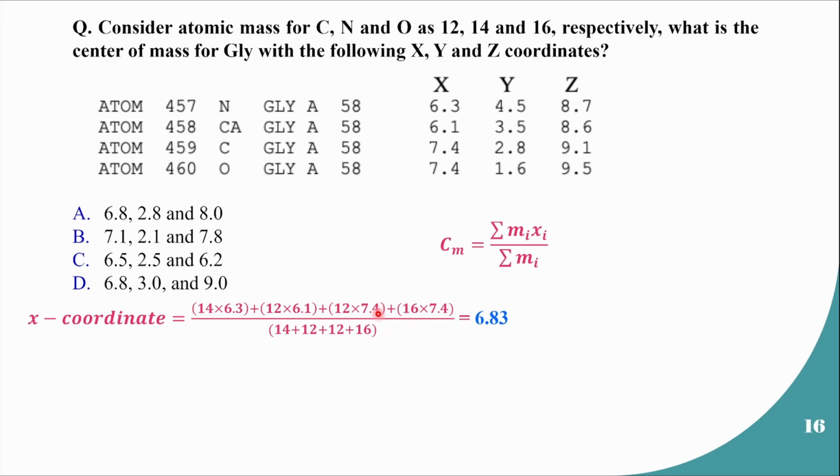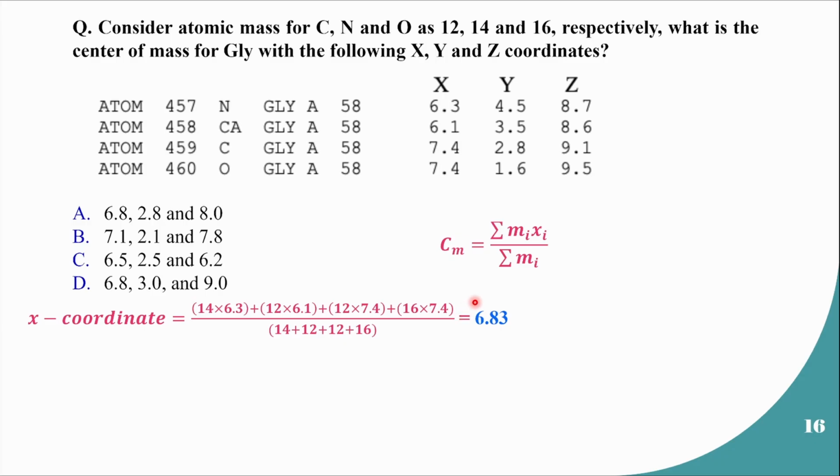Then you divide that by the sum of all of their atomic masses. So we have 2 carbons, 1 nitrogen and 1 oxygen. You sum all of that up, and that will be your denominator. You do the calculation, and you will get 6.83 here.